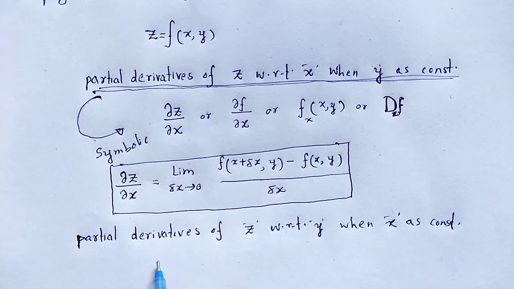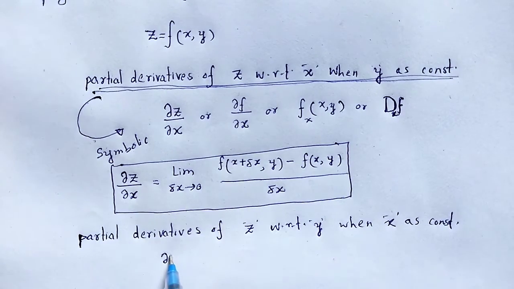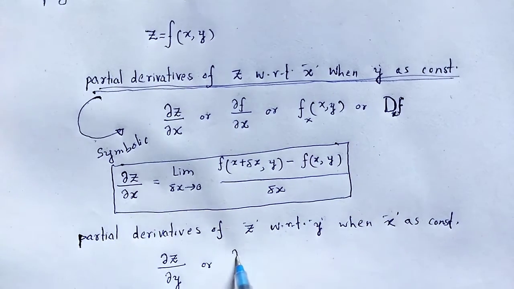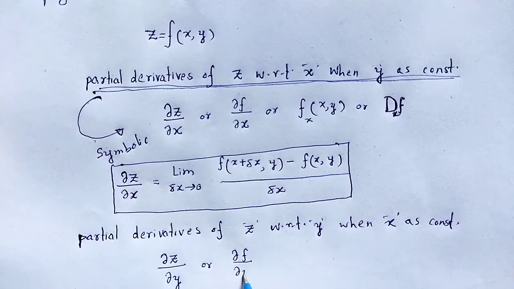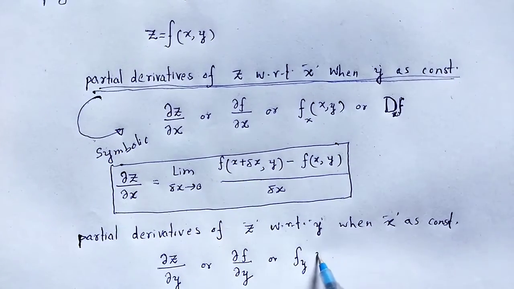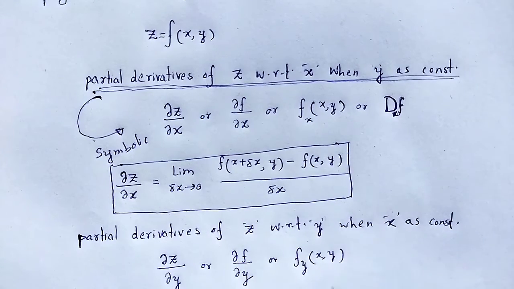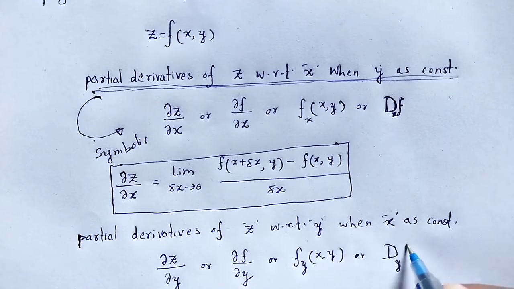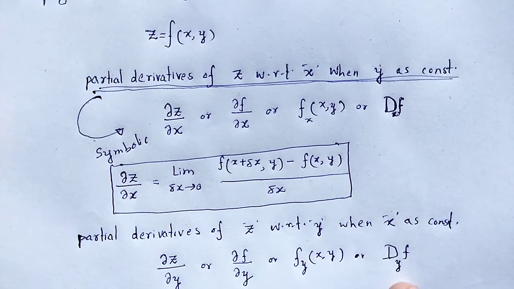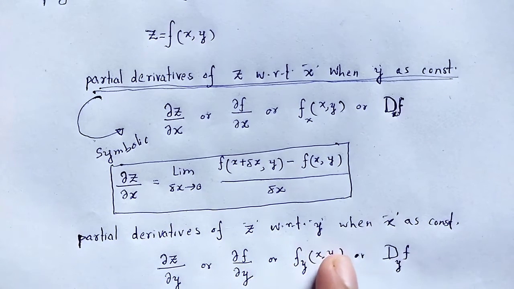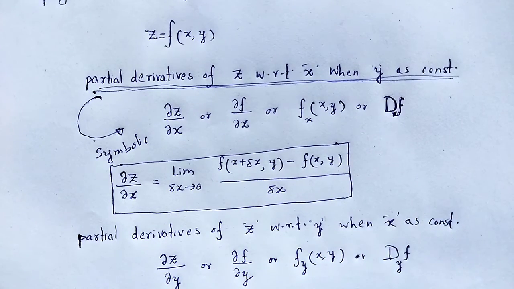The symbolic form is del z by del y, or del f by del y, or f subscript y of x, y, or del subscript y of f. These are the symbols that represent the partial derivative of z with respect to y when x is constant.